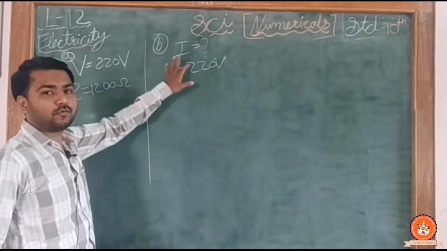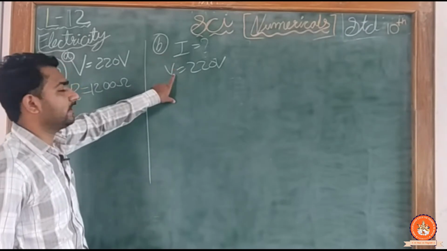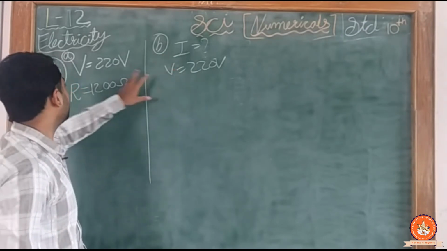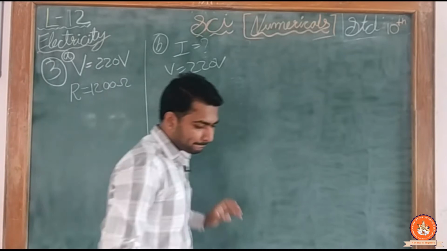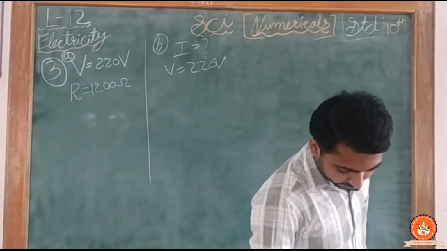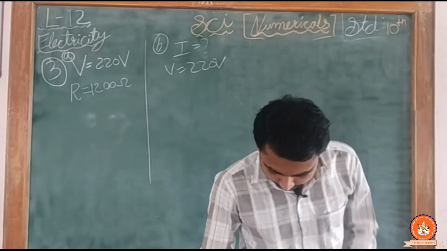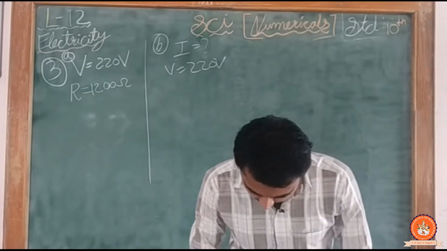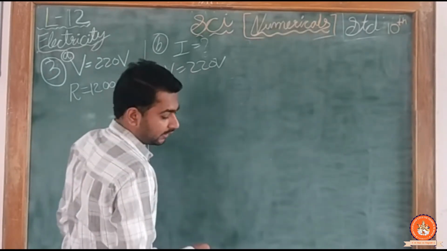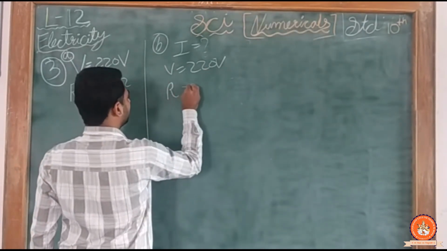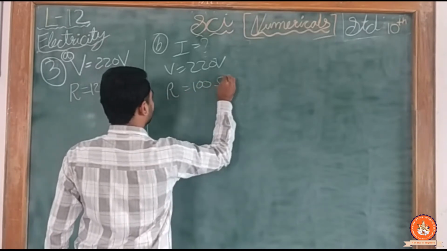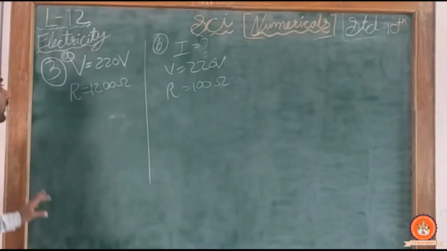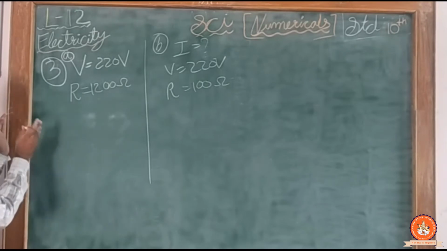Okay, you have to find the current for question B, and they give us voltage 220 volt, similar to question A. Now, if the resistance of the heater is 100 ohm, what they give us? If the resistance of the heater is 100 ohm. Okay. Now first of all we will find this.